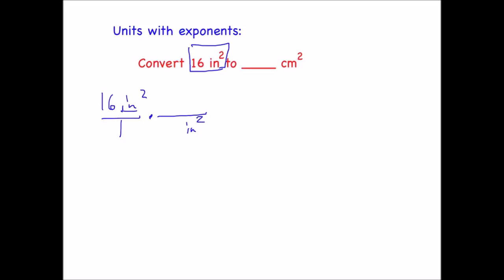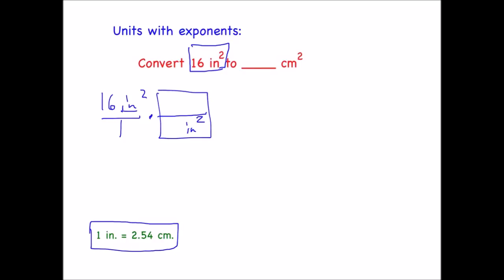Okay. And then we need to go ahead and list some conversion factors. The only conversion factor that we need is this one that you were told to memorize a while back. 1 inch equals 2.54 centimeters. Now, we can't just plug that in up here in this second bar, and that's because this is just inches, and we have inches squared that we have to deal with.